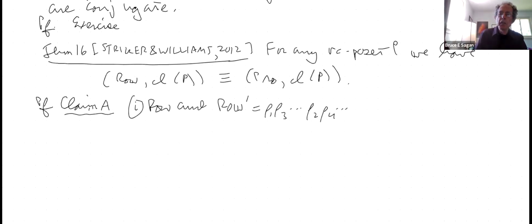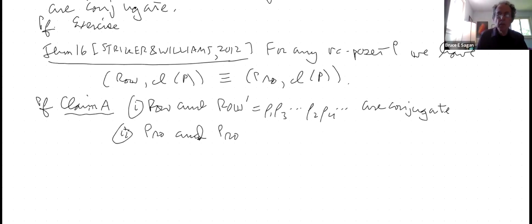These are conjugate. And the same thing with promotion and pro prime, where I do exactly the same thing with the column toggles.